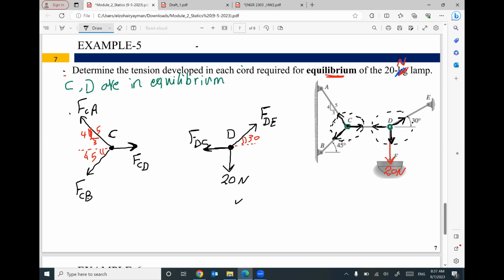Why are you taking care of C and D only? We have point A, we have point B, we have point E. I cannot say these points are in equilibrium. They are in equilibrium, but they are fixed to the wall. I don't care about these points, because all of them are fixed to something which is very rigid.